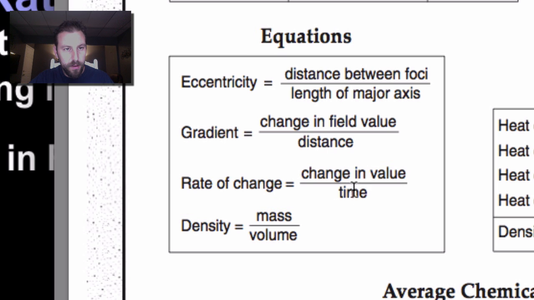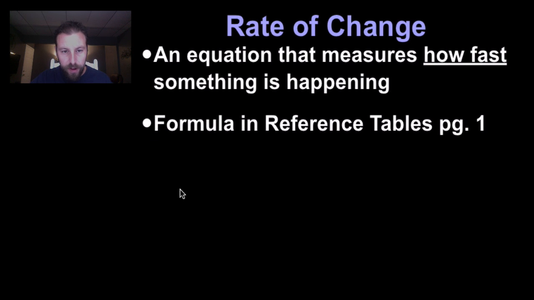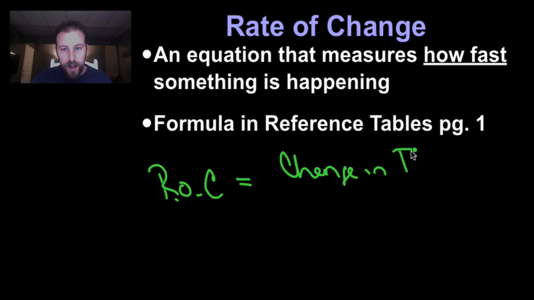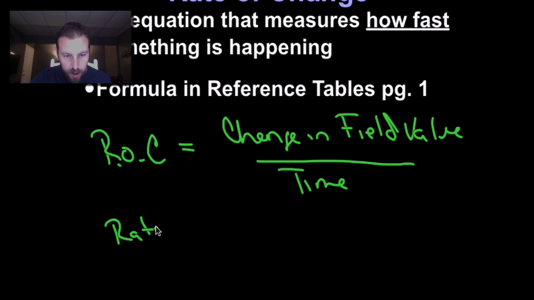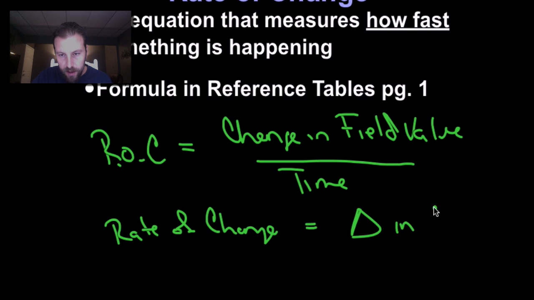So coming back from the reference table, we can see that our rate of change equals change in field value over time. Sometimes you'll also see me write it like this. Same thing, rate of change equals change in field value over time.